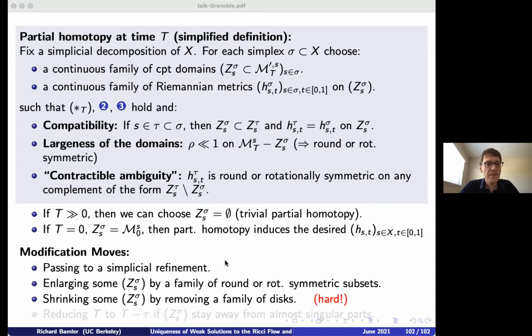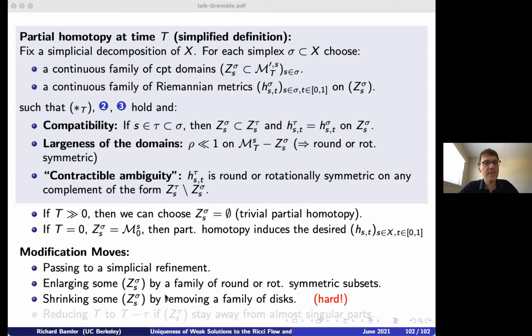We also sometimes need to shrink these domains by removing disks. This is important: if we move backwards in time and we're getting closer to a singularity, we see these kind of caps arising. So if we go backwards in time, we may have to remove a disk.